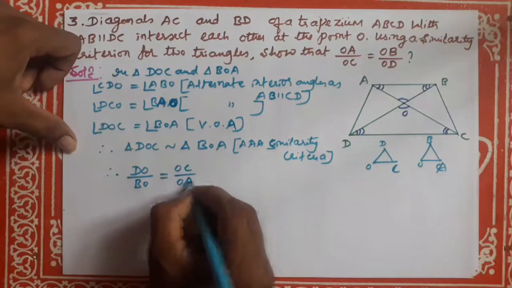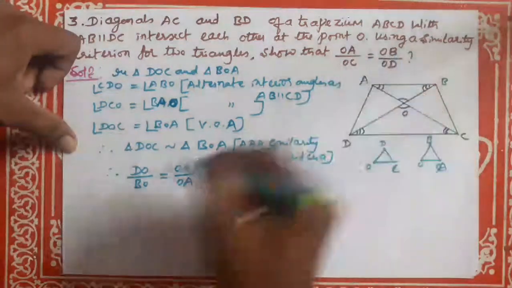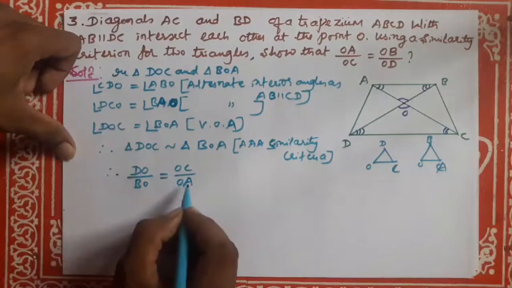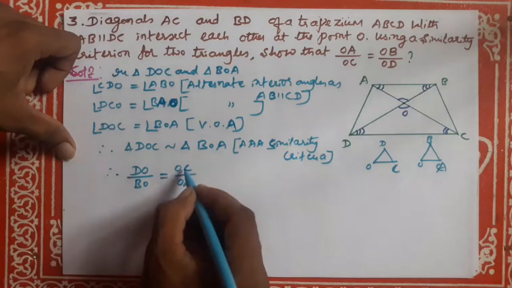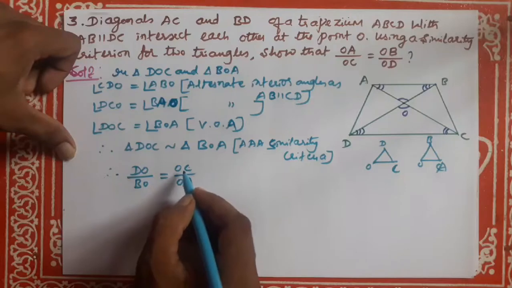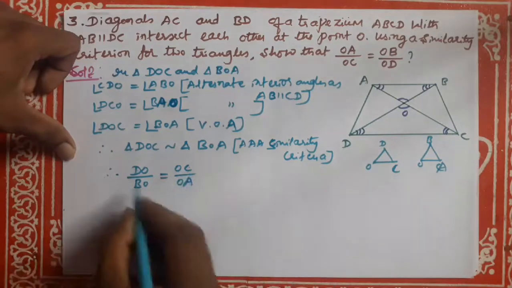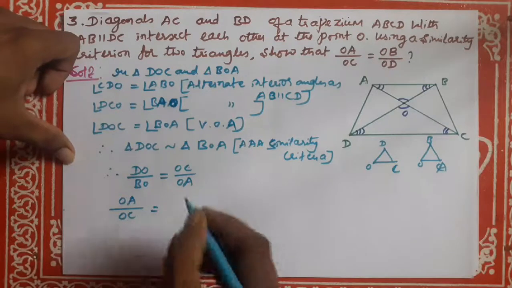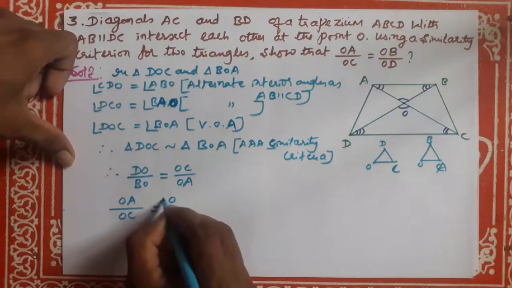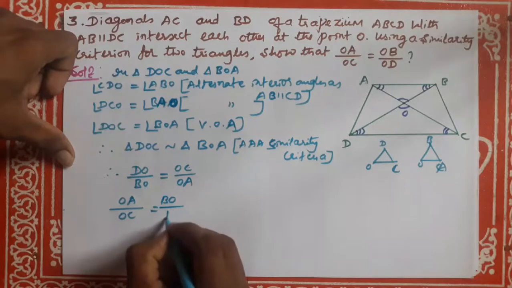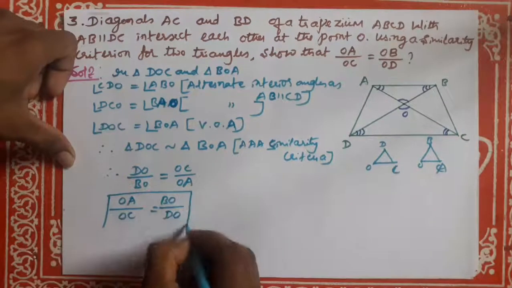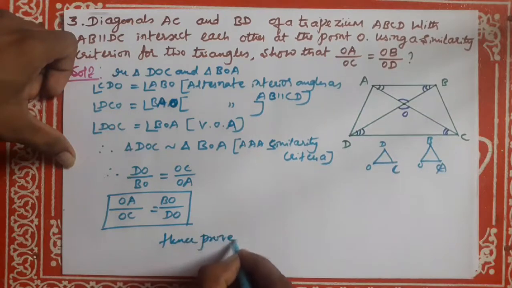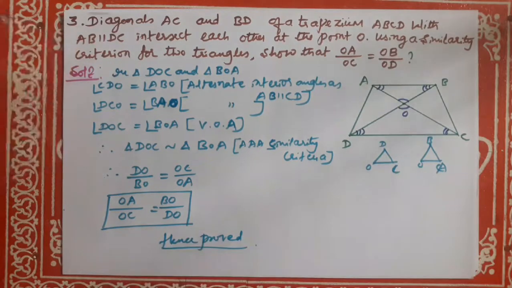We can change the places. In the place of DO, write OA. In the place of OA, take DO. In the place of OC, take BO. And in the place of BO, take OC. So OA by OC is equal to BO by DO. Hence proved. This is the answer.